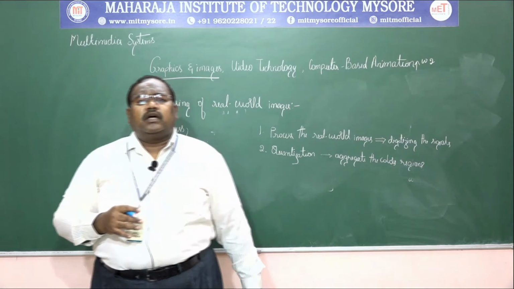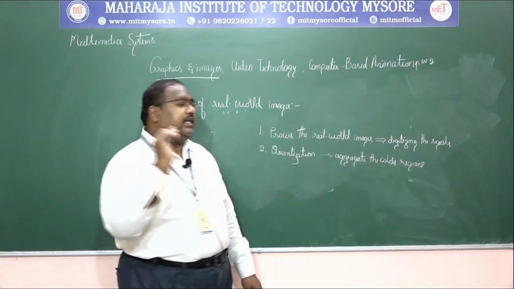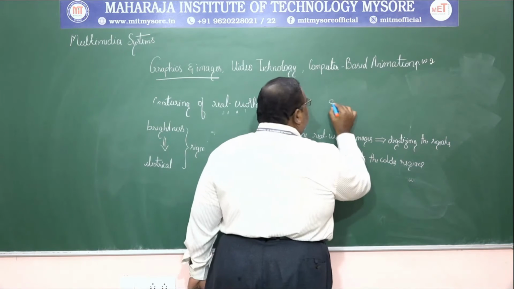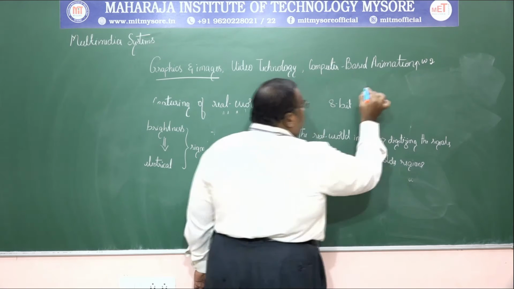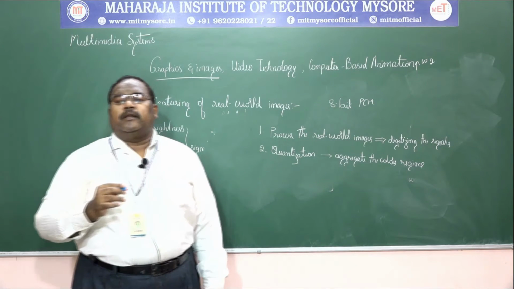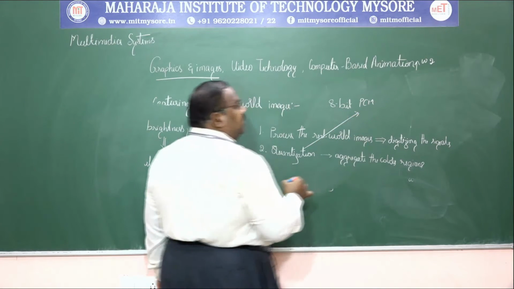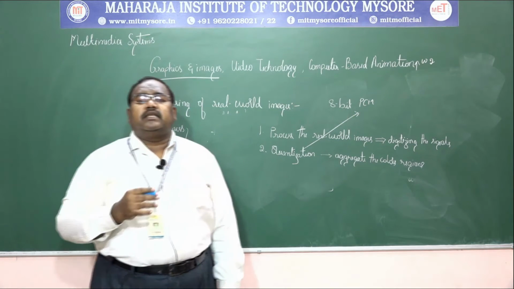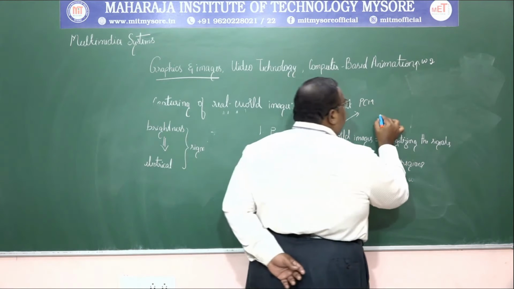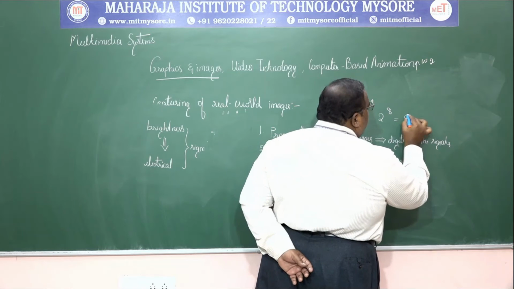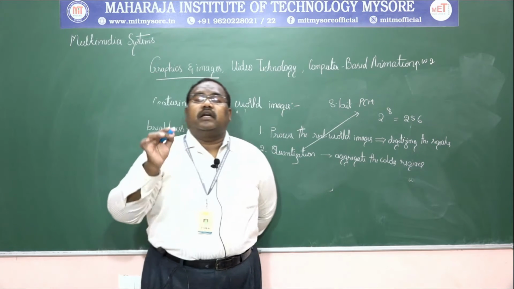Then when we talk about the displaying option, video technology normally works with 8-bit PCM. We know that. That is pulse code modulation, and with respect to quantization, we do an 8-bit PCM quantization, which means we can represent 2 to the power of 8, that is 256 different colors.